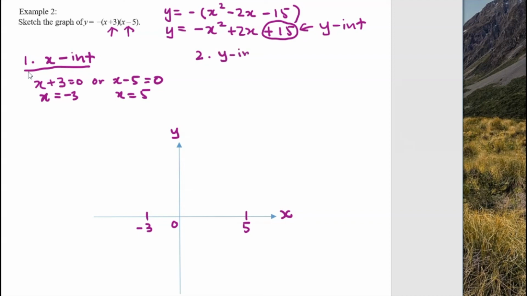So I find the y-intercept, and recall that finding the y-intercept means I substitute x equals 0, or like I mentioned earlier on, you can get it from the constant term in the expanded form should you choose to take the trouble to expand it. So either way, you're going to get y equals 15.